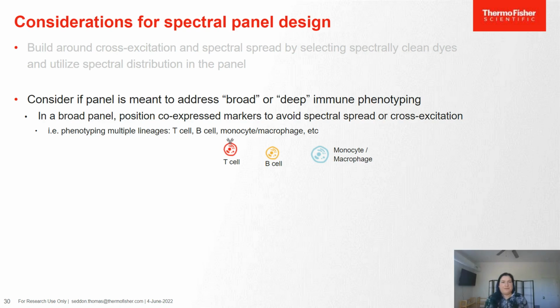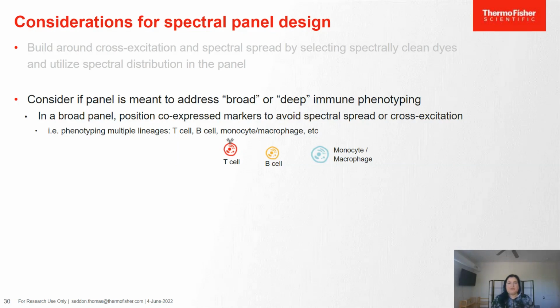And so that brings me to another question that you should really think about as you're building out your spectral panel. Consider if your panel is meant to address broad or deep immunophenotyping. I just want to define those terms quickly. In a broad panel, you really want to position co-expressed markers to avoid spectral spread or cross-excitation.